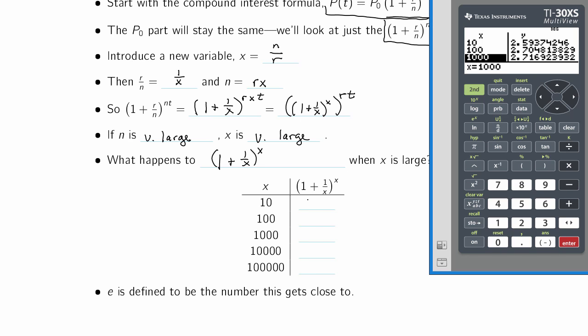When x is 10, this gives me a value of 2.5937, etc. When x is 100, this gives me a value of 2.7048, etc. When x is 1,000, this gives me a value of 2.7169, etc.